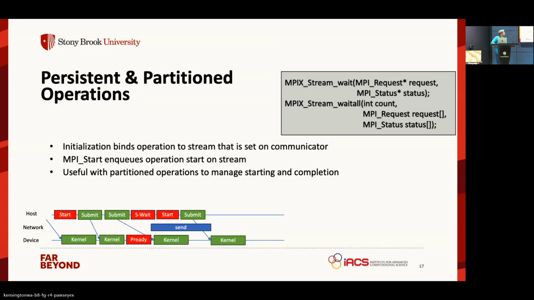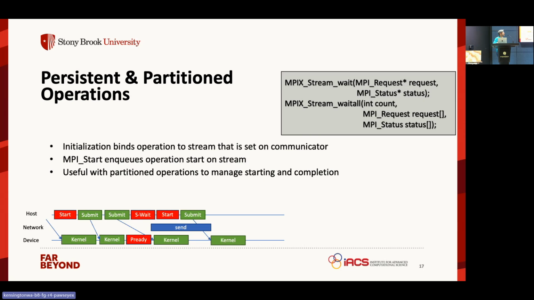And the same applies to persistent and partitioned operations. When you create a persistent send, the stream that is associated with the communicator will be associated with that send. So the start that you call on that request will be enqueued into the stream that was associated with the communicator.